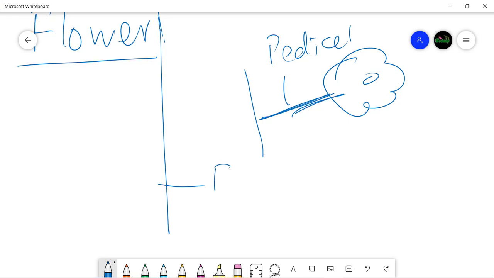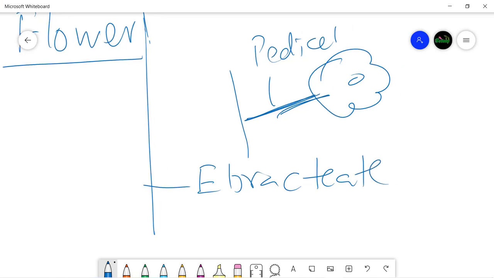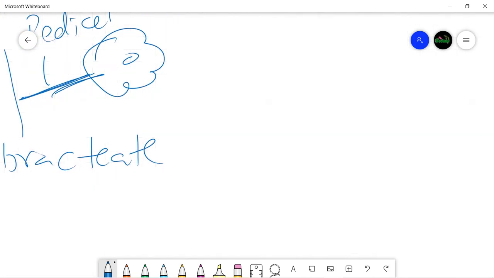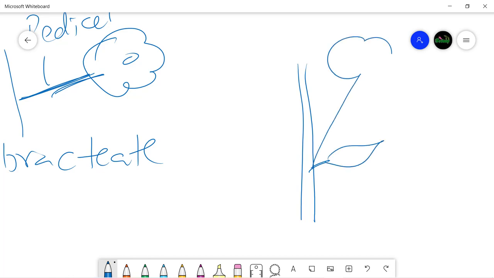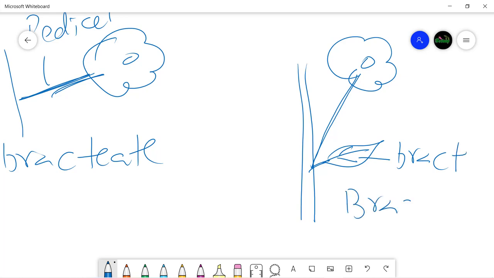The flower is ebracteate. The flowers on the floral axis usually arise in the axil of a leaf. Now this is the stem or branch or floral axis, and this is a short leaf, a small leaf, and a flower is arising in its axil. So this leaf is known as a bract, and the flower is said to be bracteate.